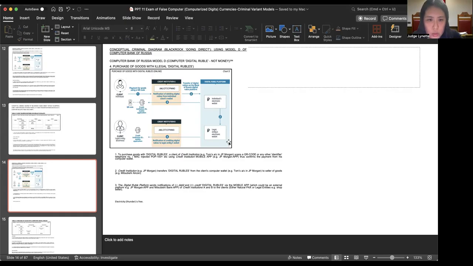Then the credit institution, JP Morgan, transfers the digital rubles from the client's computer wallet to the seller of goods, Mitsubishi Aircon, and the digital ruble platform sends notification of debit and credit through the mobile app.